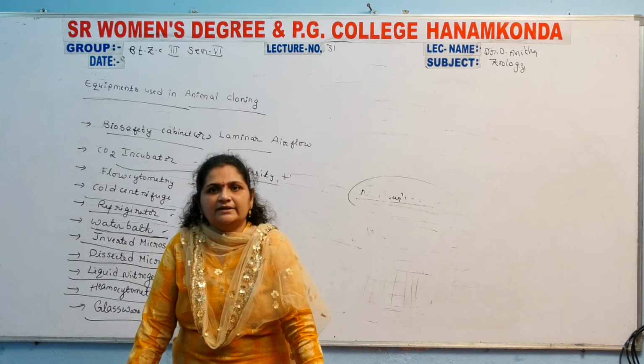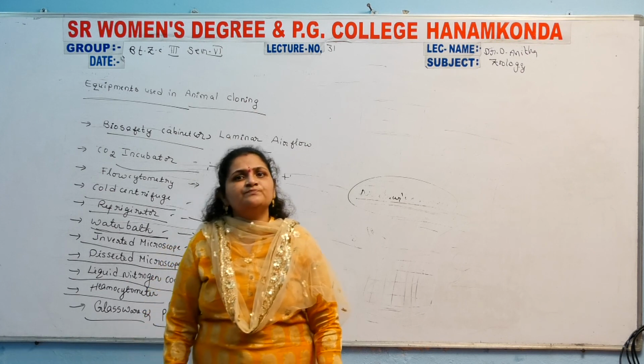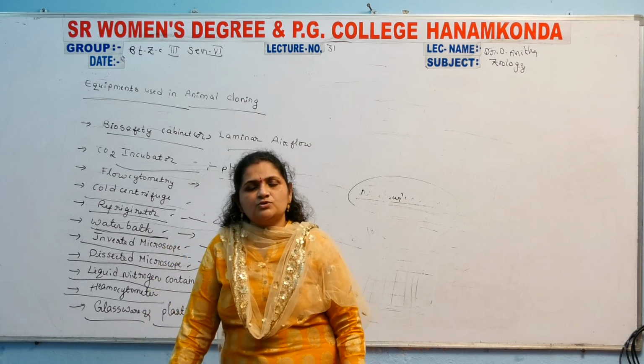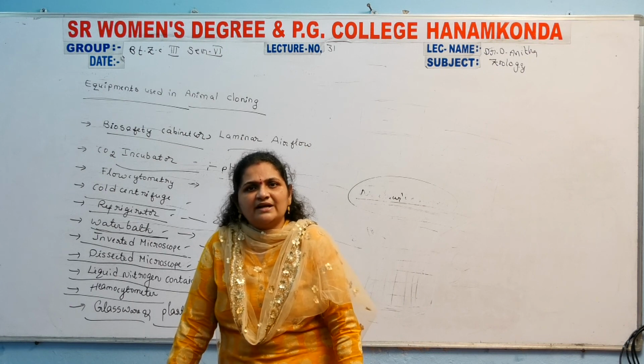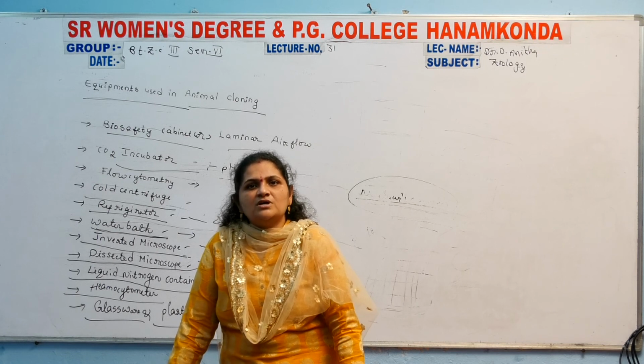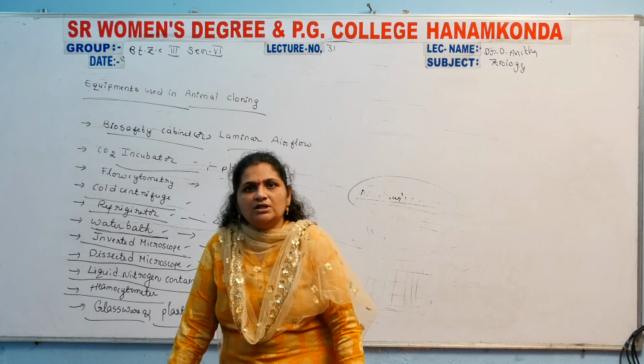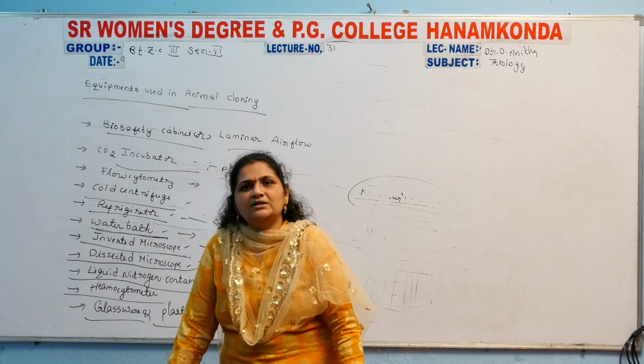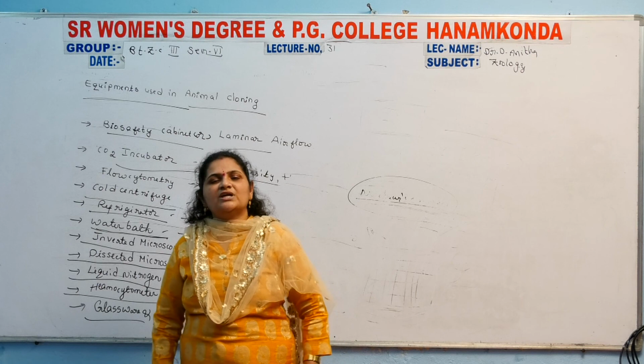So before transplanting the organ, the donor tissue is collected and identified with the help of cell cloning, to see whether the donor's cells match the recipient or not. That is why organ transplantation also needs cloning. That is also one of the applications.